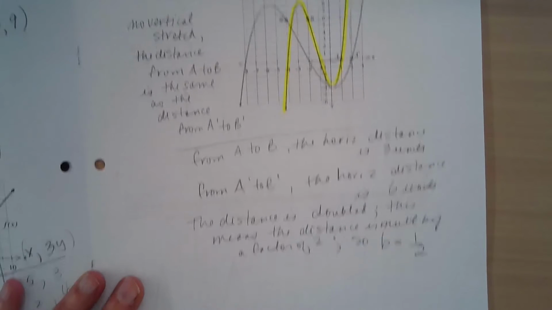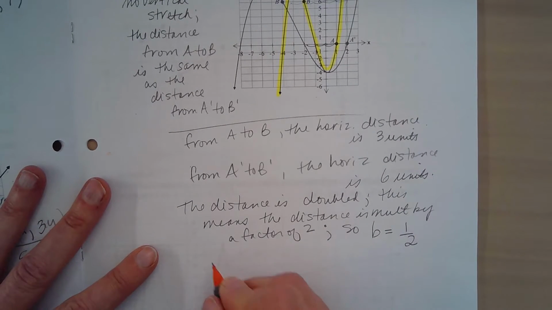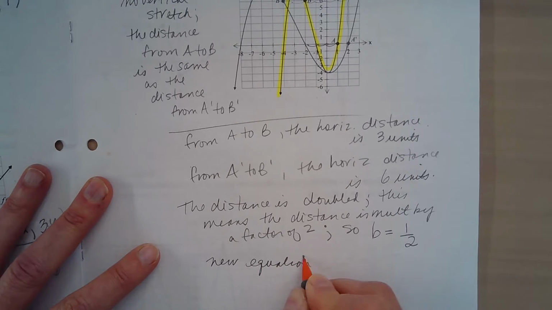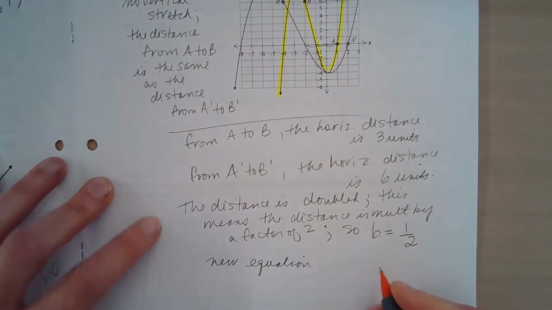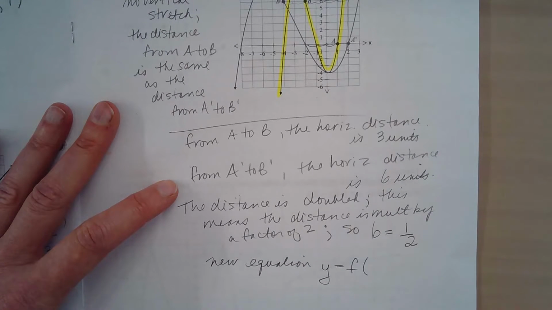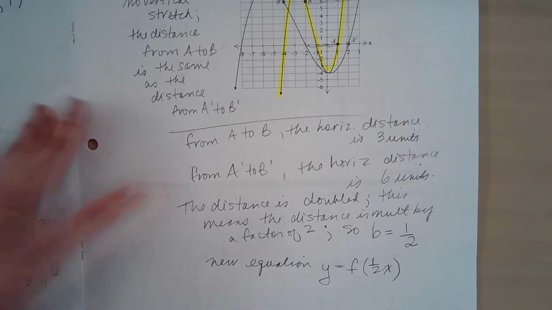Okay, that's it. B equals 1 over 2. A stays, there's no change in A value, so new equation. Again, it says in terms of f, so I have to keep it. So y equals f. It's a B value, so it goes inside, attached to the x. Okay, that's it.